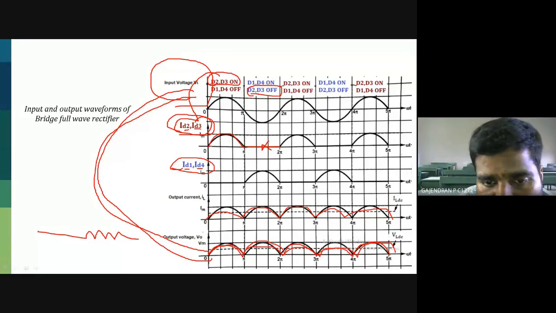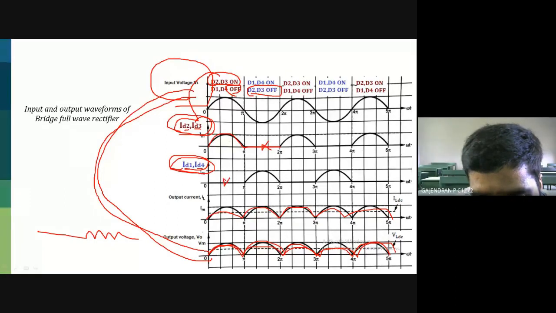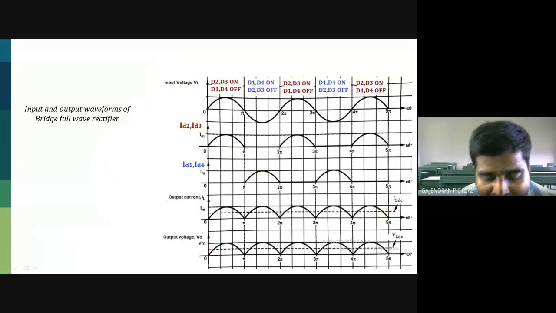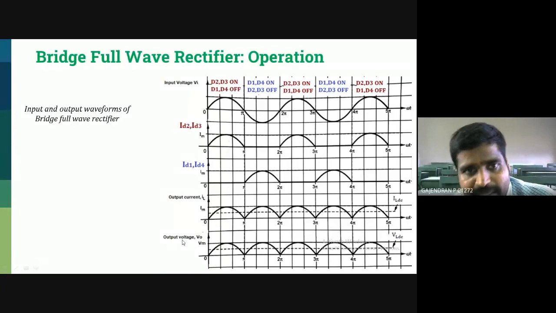Similarly, observe the remaining two diodes, D1 and D4. During positive cycle, they are off, thereby no current flow. But during negative half cycle, these two are on. Thereby there will be a current flow in the diodes. So that's all regarding the entire input and output waveform characteristics.